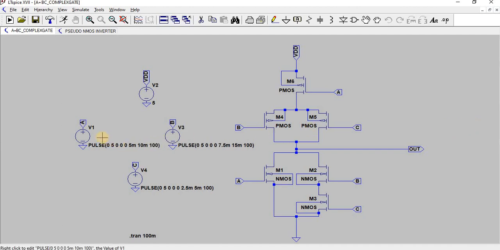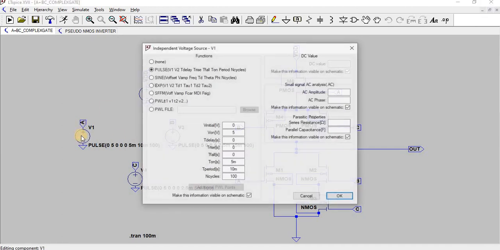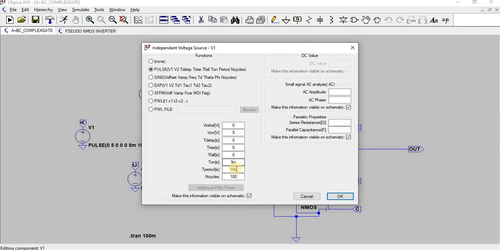We need to give the 3 input pulses. For the normal VDD I have given 5 volts, and for A I have given a pulse with a 5 millisecond on time and a period of 10 milliseconds. In the second pulse I have varied the on time to 7.5 milliseconds and the period to 15 milliseconds. Why am I varying A, B, C?